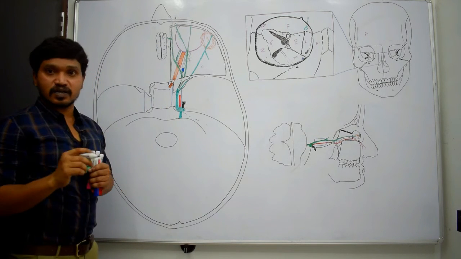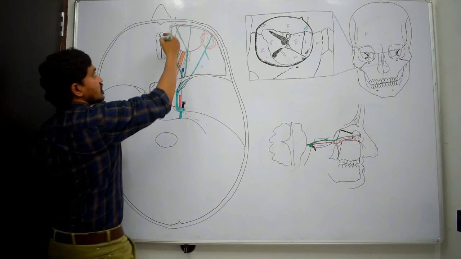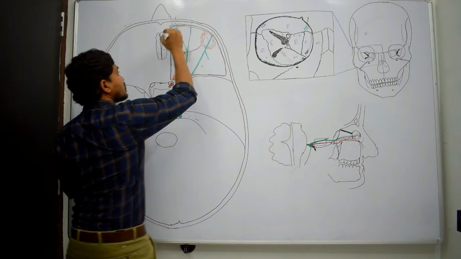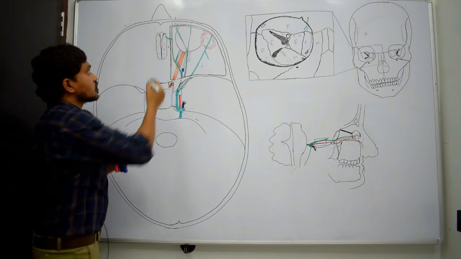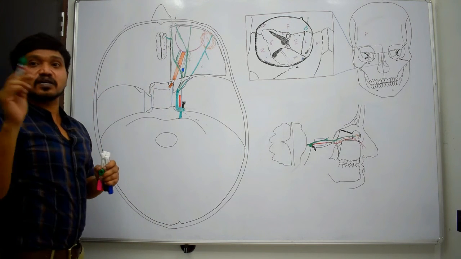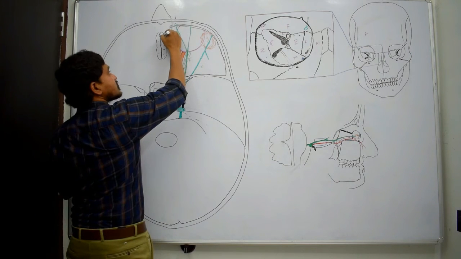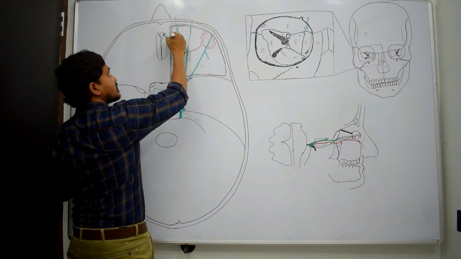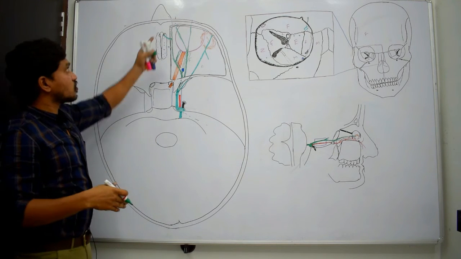Then it runs over the cribriform plate of ethmoid and enters the nose through the nasal slit, which I have drawn on either side of the anterior part of the crista galli.